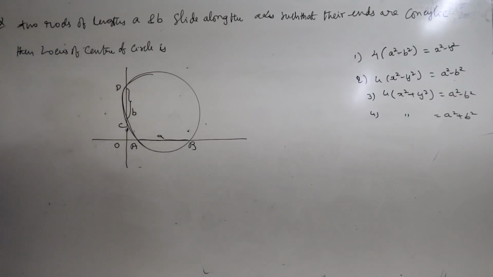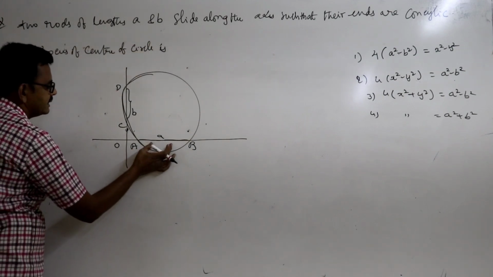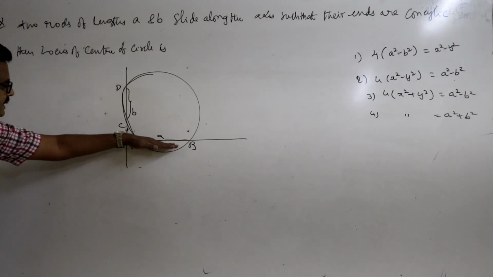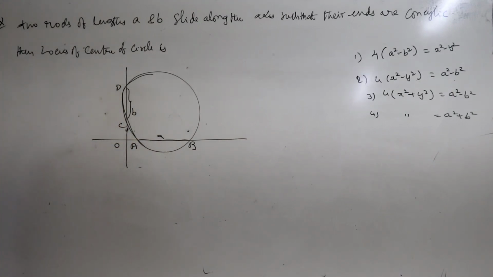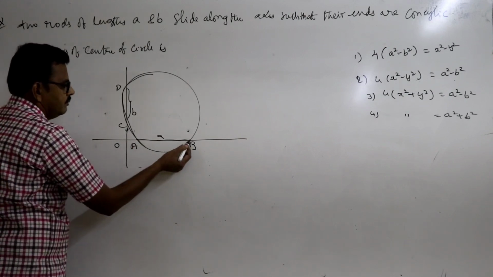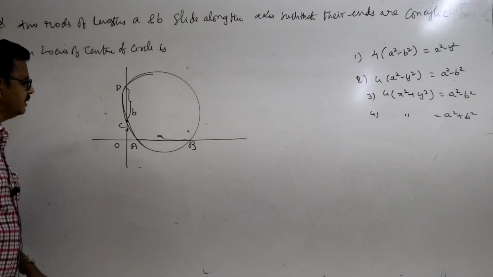This is on the x-axis, this is on the y-axis. A is one end point, B is one end point, C is one end point, and D is one end point of the rods.